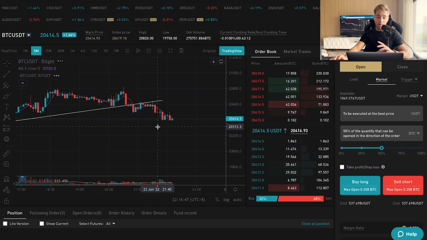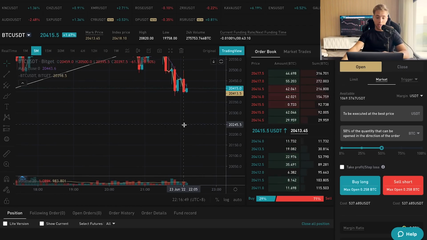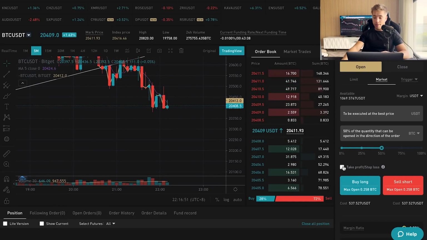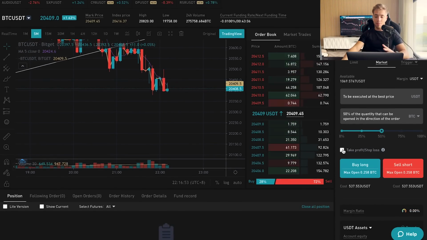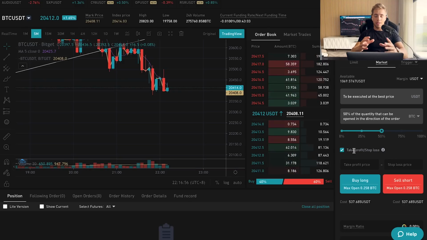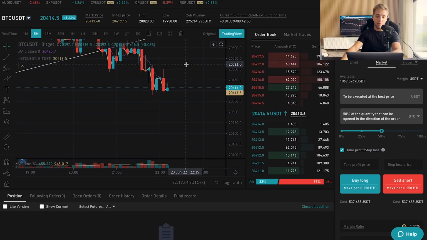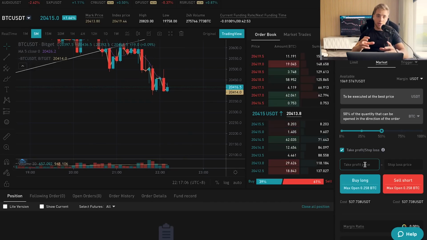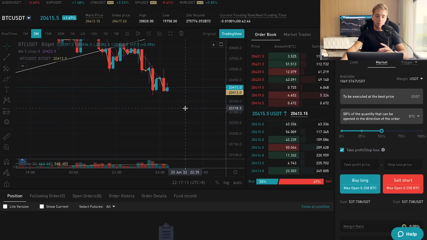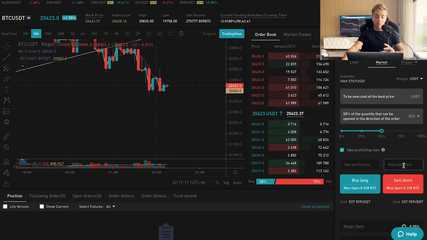So let's say I will open a small position right now, a small long position, and I will show you also how to use take profit and stop loss. Look, what it basically is, if you don't know, take profit is a specific price level that you can put in here where your position automatically closes and takes profit. And stop loss is basically a specific level that you can put before or when you are already in position, and this specific level closes your position when it's in loss, right?